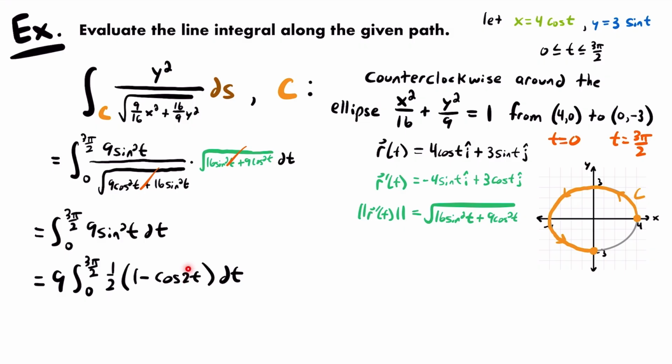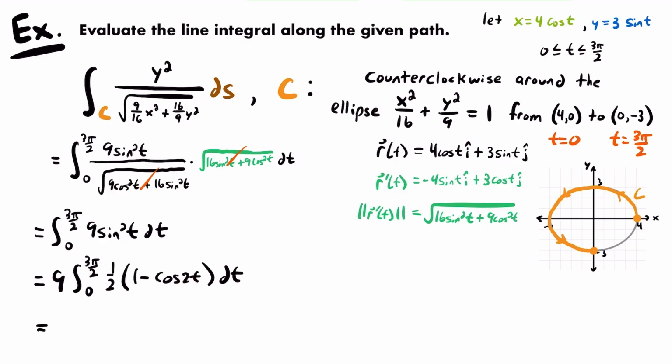That is a double angle identity for sine squared t. Rewriting it in this way allows us to actually integrate that expression. So then what you want to do is pull out that 1/2, split up the integral into two pieces. We'll integrate 1 and cosine of 2t separately.